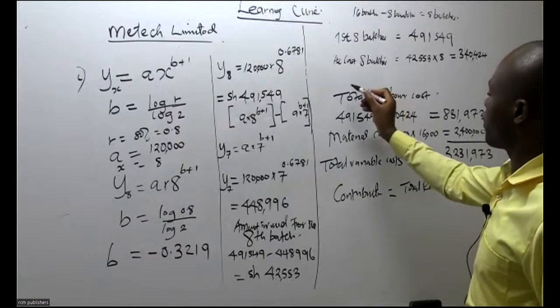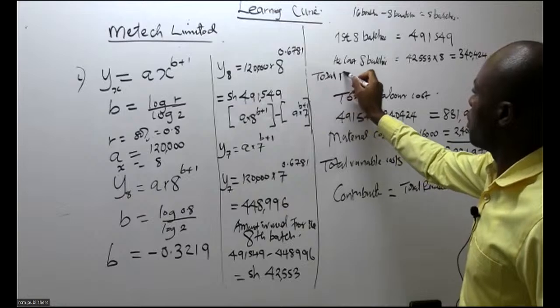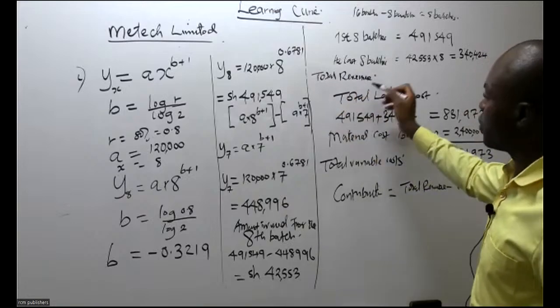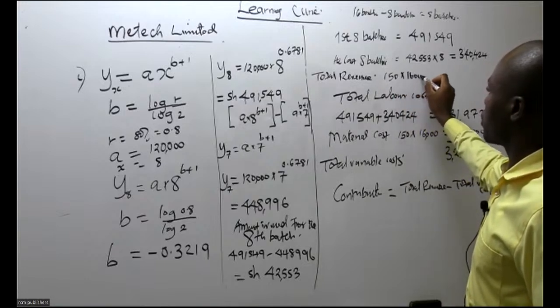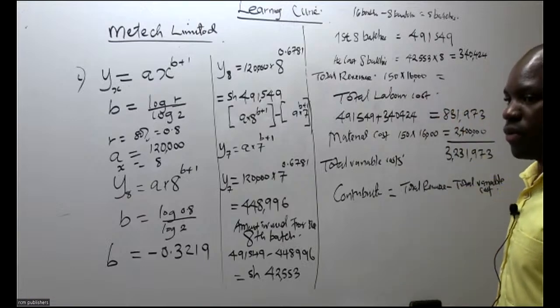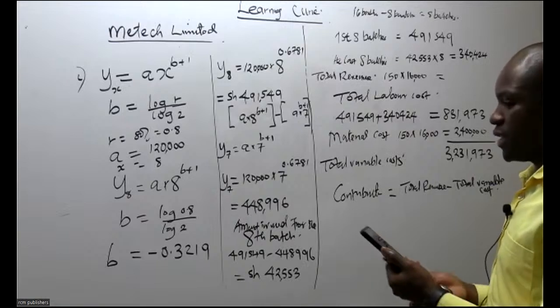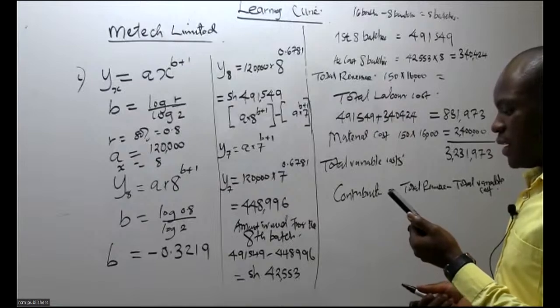We can get total revenue somewhere here. Our total revenue is equivalent to selling price per unit multiplied by the units that were sold, which is 16,000. Sorry, is it really 150?